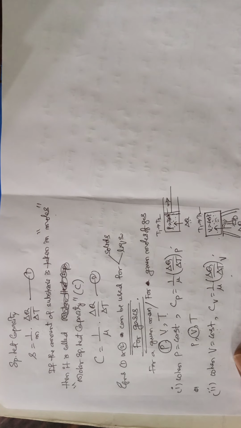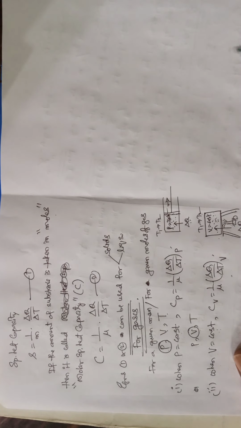So then what happens? The gas molecules move with large velocity here and there. Its kinetic energy increases. So inside, the pressure increases. So in this way, a part of the heat energy is used to increase the temperature and its pressure.